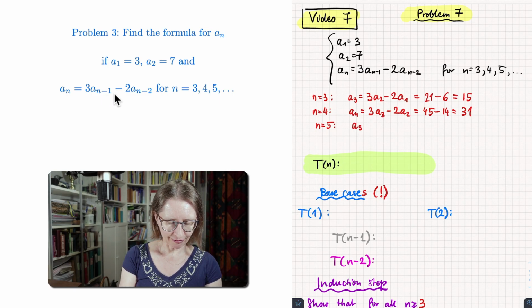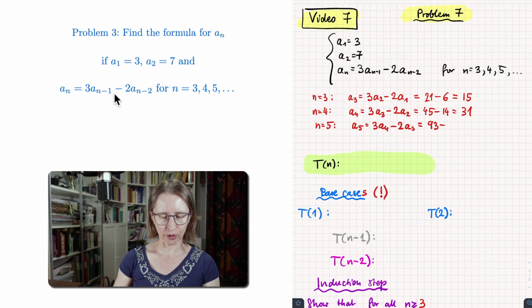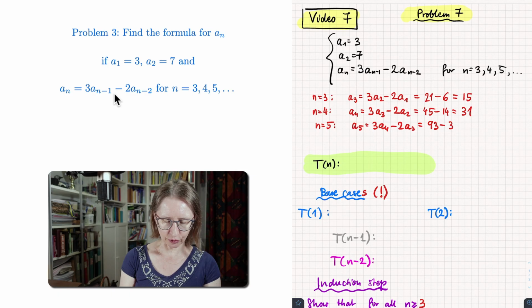It gives us a_5 is equal to 3a_4 minus 2a_3 is equal to... a_4 was computed in the previous step, it was 31, 3 times 31 is 93, and we have to subtract twice a_3. a_3 was 15, so we have to subtract 30. And the result is how much? 63.